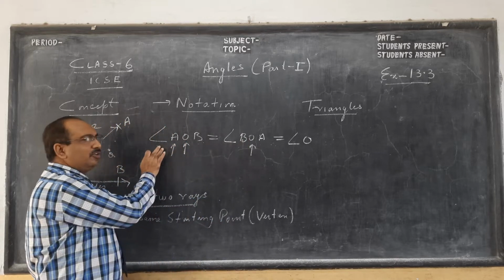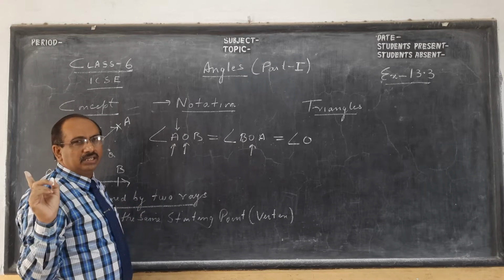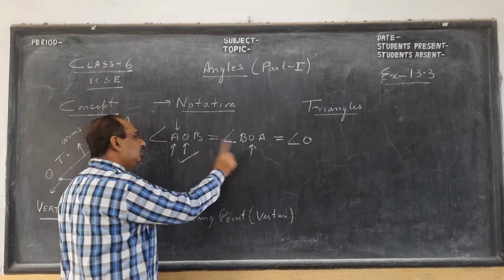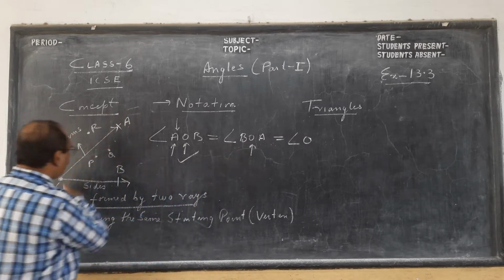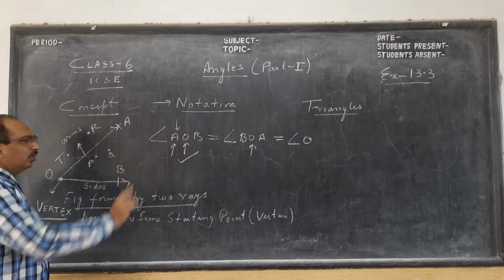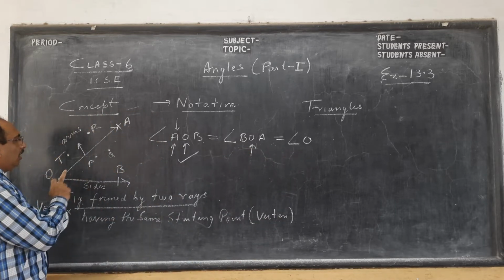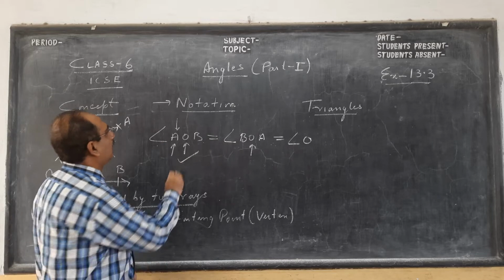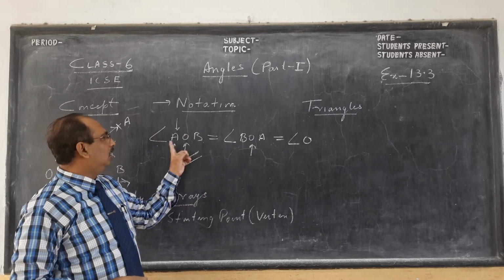So the first letter should come early in the ABCD alphabet. So I prefer this. Both are correct, children. Angle O is all right when you have a single angle. But if you ask me which one I like most, I like AOB because A comes before B in ABCD. So I do that.